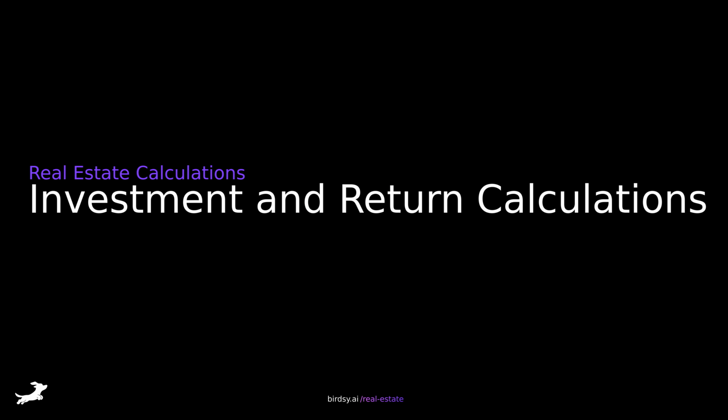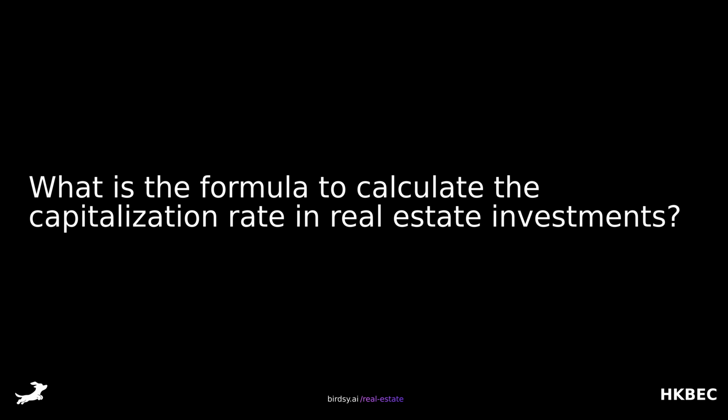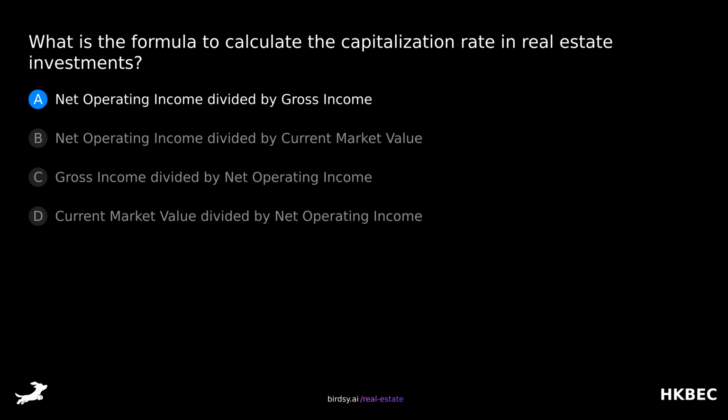Investment and return calculations. What is the formula to calculate the capitalization rate in real estate investments? Is it A, net operating income divided by gross income, B, net operating income divided by current market value, C, gross income divided by net operating income, or D, current market value divided by net operating income?